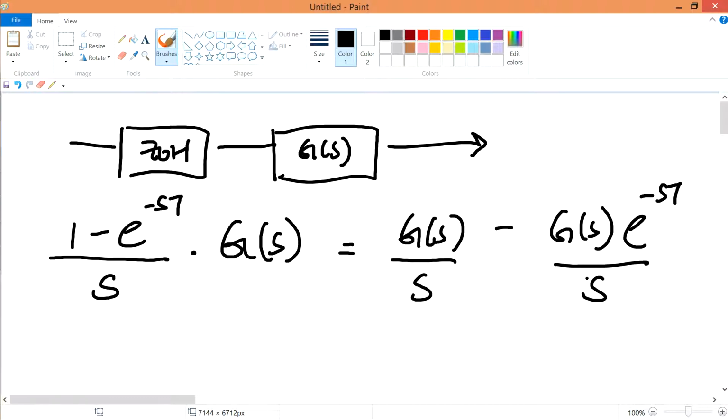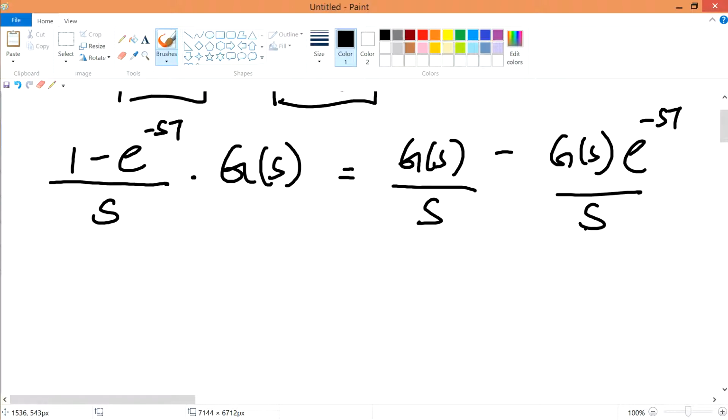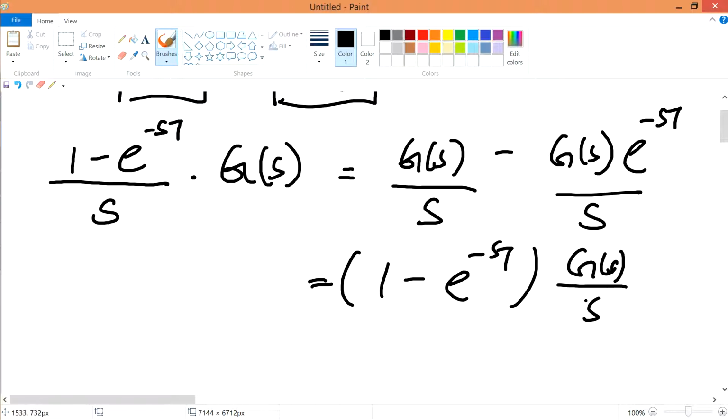We actually went through this because it's just algebra. You can rewrite everything over s in terms of G(s) over s. We discussed and proved that if I factorize G(s) over s from this whole equation, I'll have (1 minus e to the minus sT) times G(s) over s.